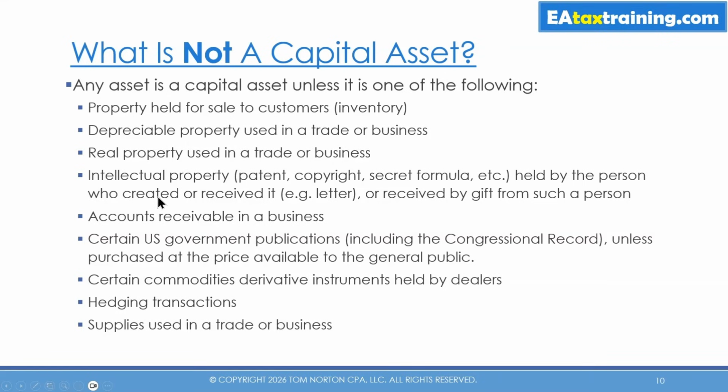If you're an inventor, that's the business you're in, then that patent that you get is not considered a capital asset. The government publications, again, is a bit of an oddball one, but even the commodities derivatives, that's for a dealer who's in the business of dealing with investments. So you can see using an asset in a business setting will frequently result in it not being a capital asset.